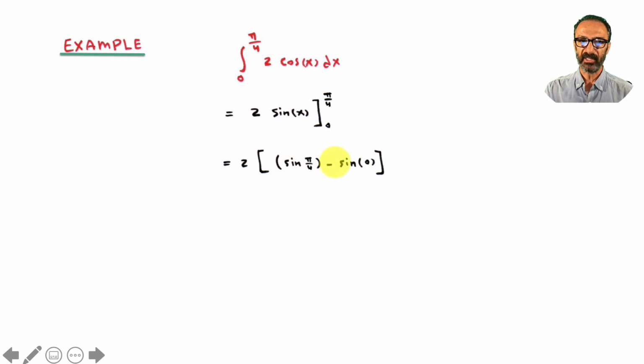You need to know those basics, how sine looks. Sine goes up and down, then back up. Sine pi over 4 is right there between 0 and 180 degrees. So it's between 0 and 90 degrees, which is 45 degrees, and it's root 2 over 2. Sine 0 is just 0 because it starts at the origin.